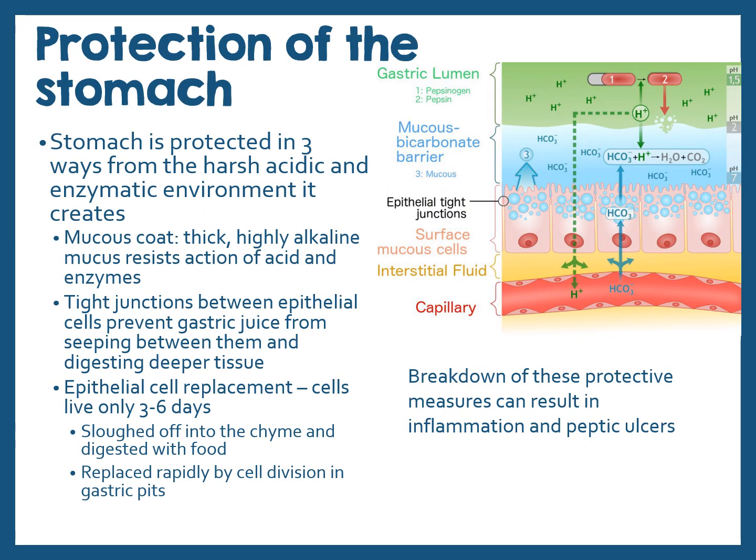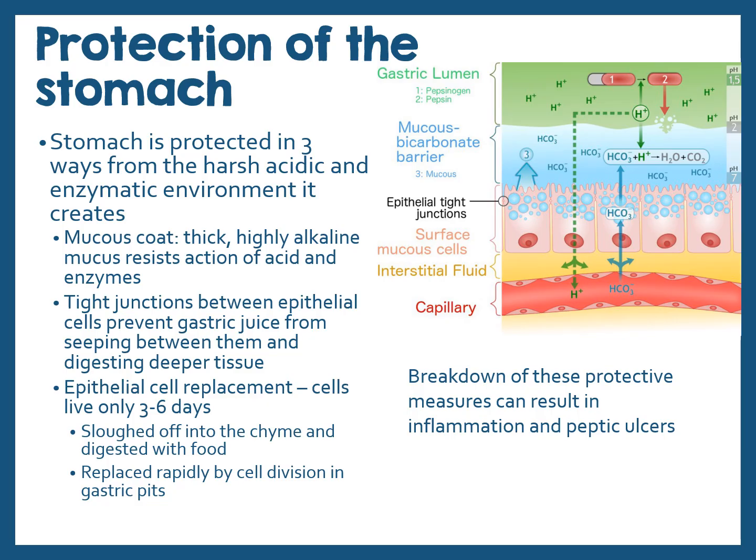The stomach is going to have some protection against that hydrochloric acid. There are 3 ways that it's protected from the acidic and enzymatic environment that it creates. The first one that most students are familiar with is the mucous membrane. It is very thick and it's actually alkaline, so it can resist the action of the acid and a lot of those enzymes.